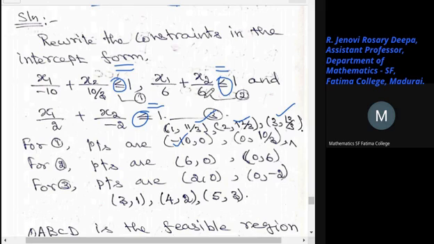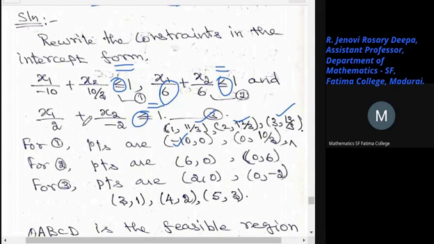Similarly, for the second one, we write it in the intercept format. The x1 intercept represents the point 6 comma 0, and x2 by 6 represents the x2 intercept, the point 0 comma 6.